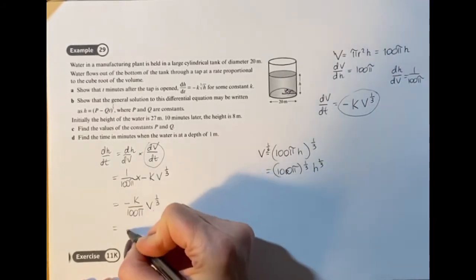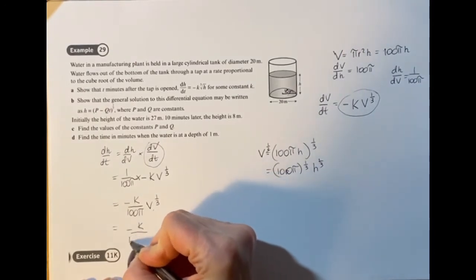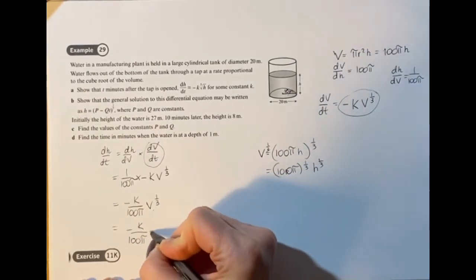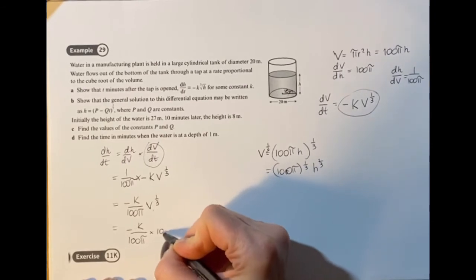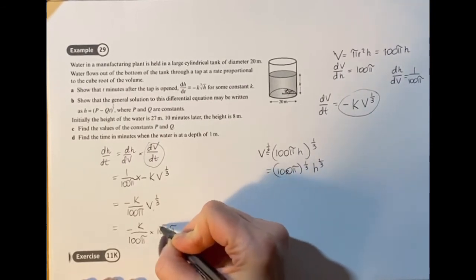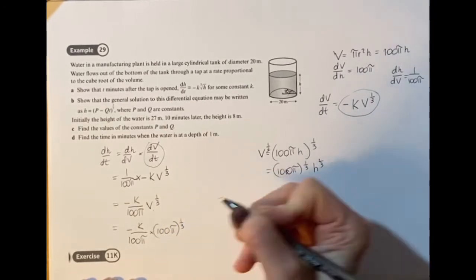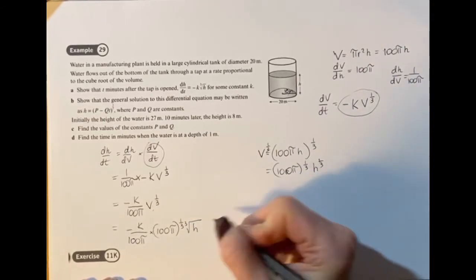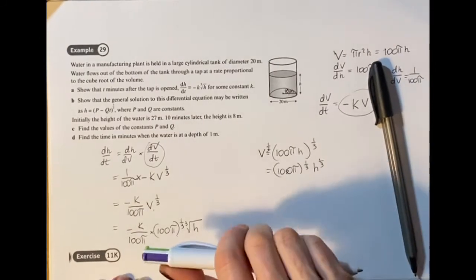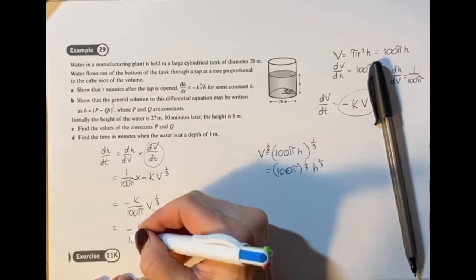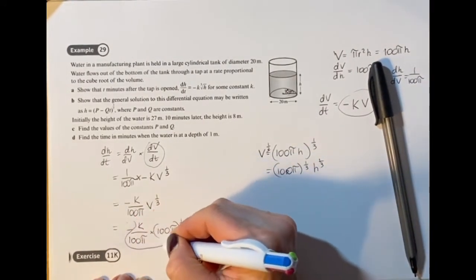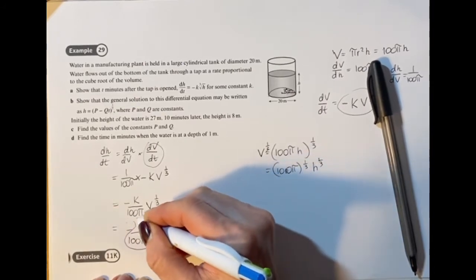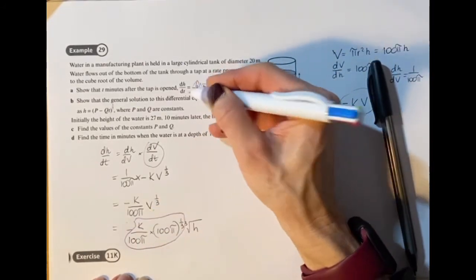So you will have minus K, 1 over 100 pi, times 100 pi to the power of a third, which is a cube root, and this is a cube root of h. This looks quite complicated, but this here can be replaced with a k.